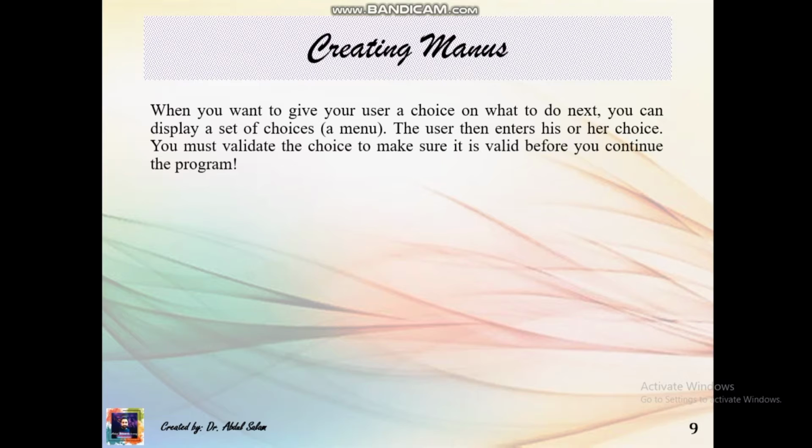Similarly, you can make a menu to allow the user to enter his or her choice. You must validate the choice to make sure that it is valid before continuing the program. The user will enter his or her choice, and the program will execute according to the choice and requirements of the user.